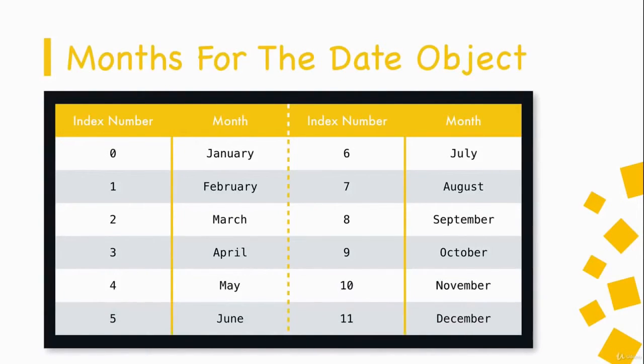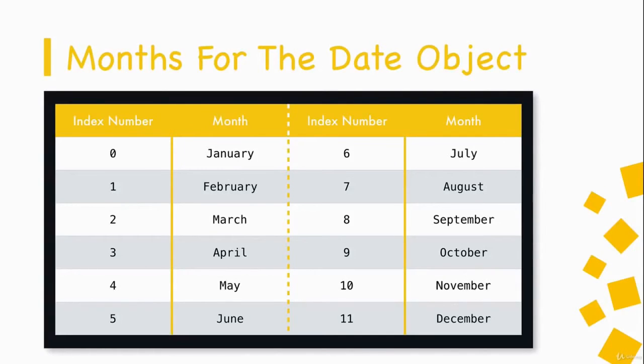So this is how JavaScript actually treats months. 0 is January, 1 is February, 2 is March, 3 is April, and so on. So the months actually start from 0 and go all the way up to 11.